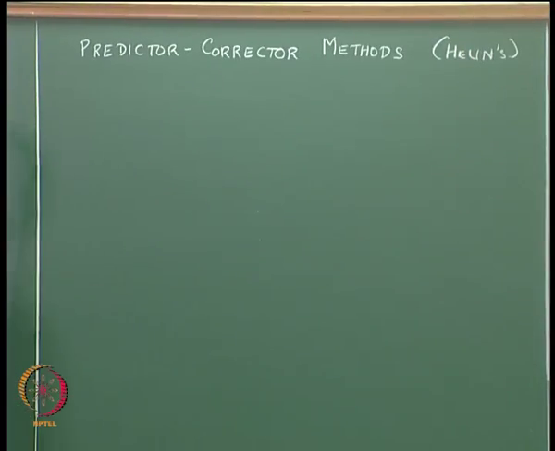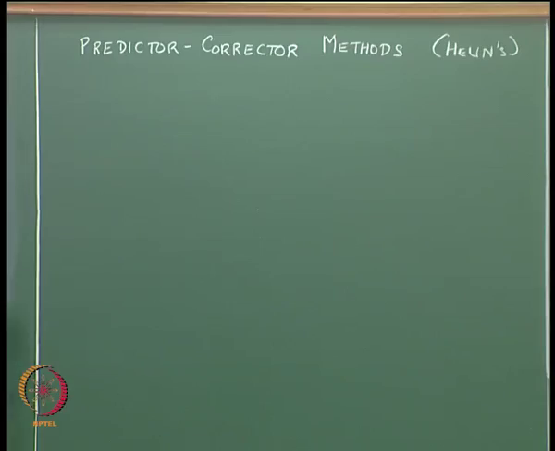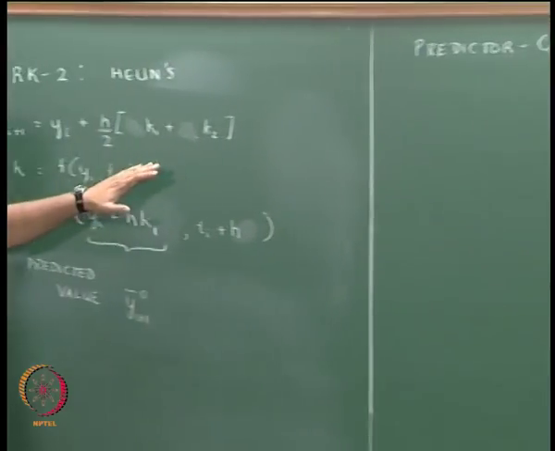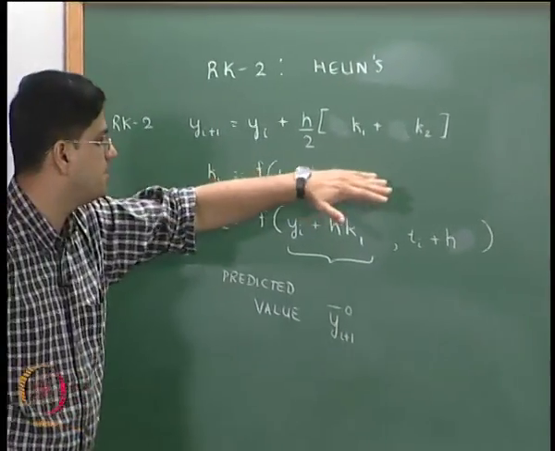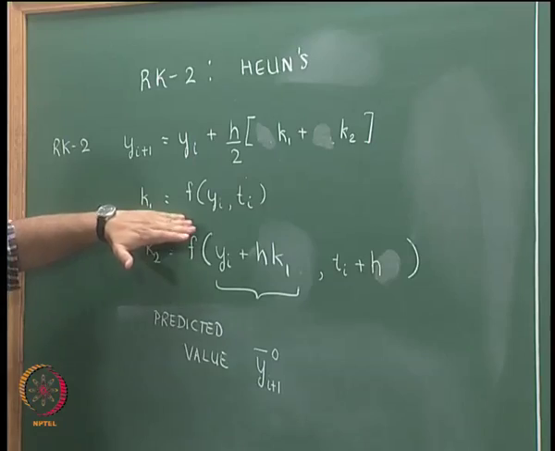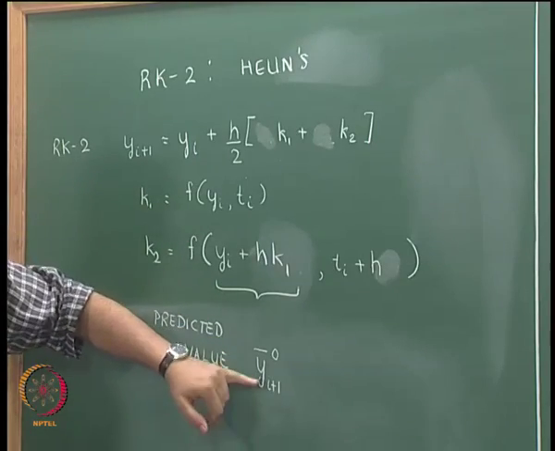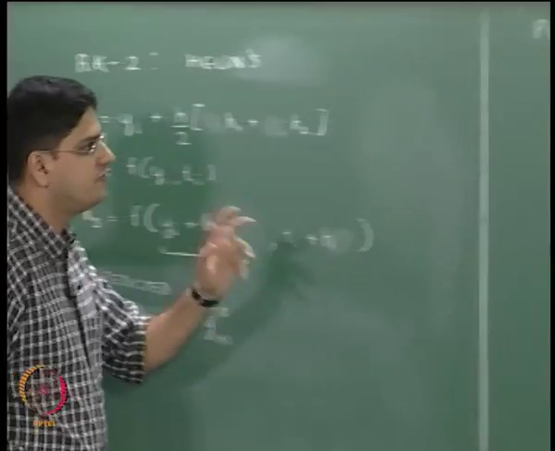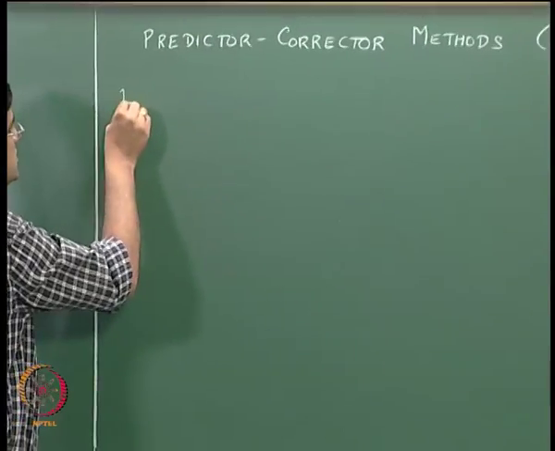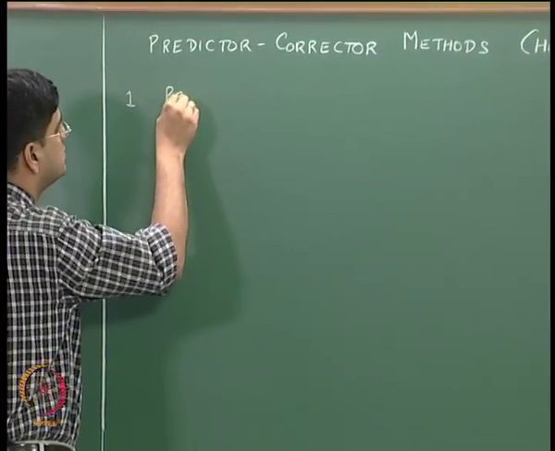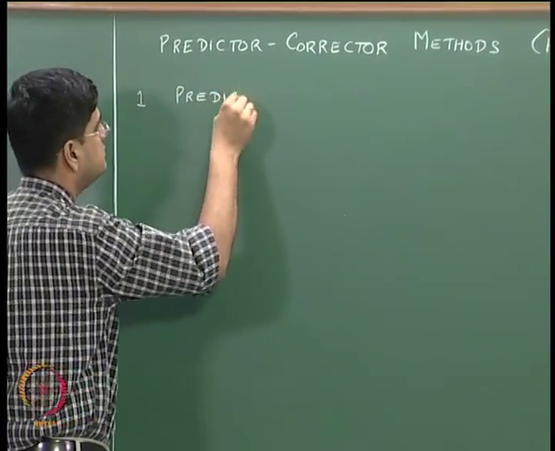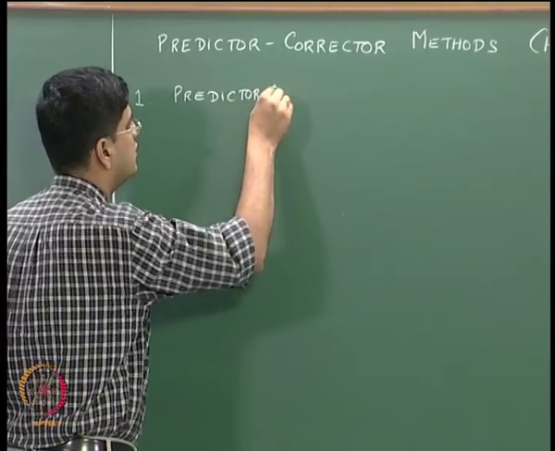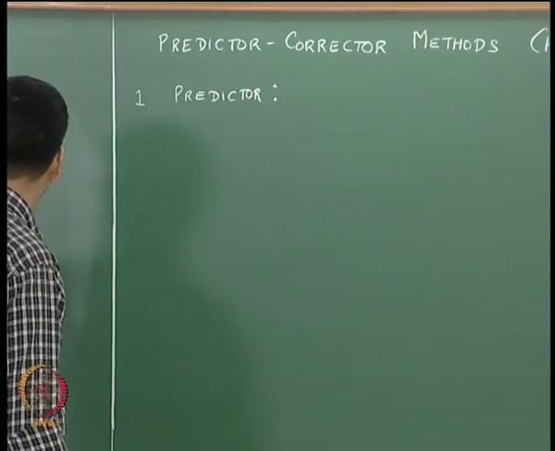So, Heun's method with the predictor-corrector form, again we will derive the same expressions in the same form. First thing to do is to derive the predicted value. So, the first item in our agenda is to choose the predictor which uses the value k1 only.